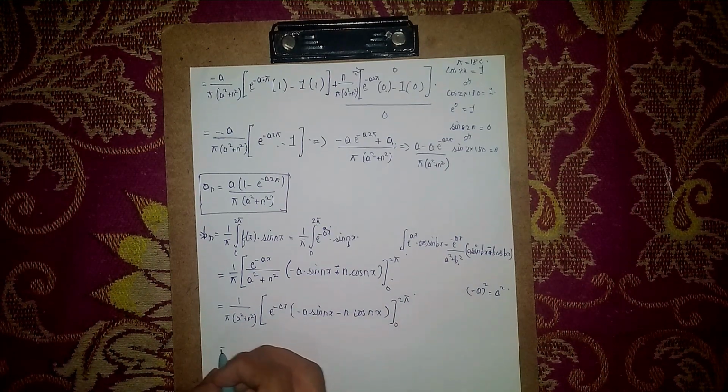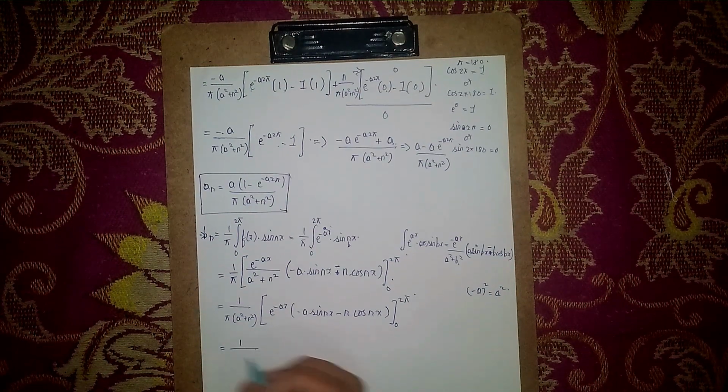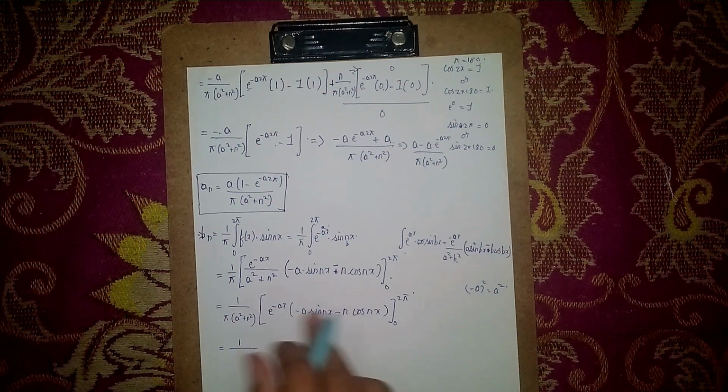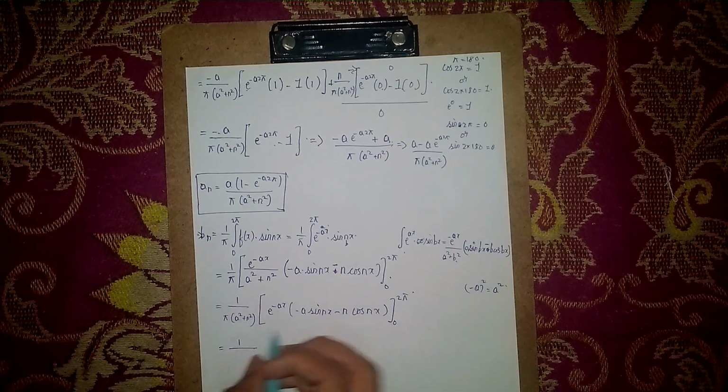Now I am taking a outside first, and n is a constant, dividing this with this. First listen here.